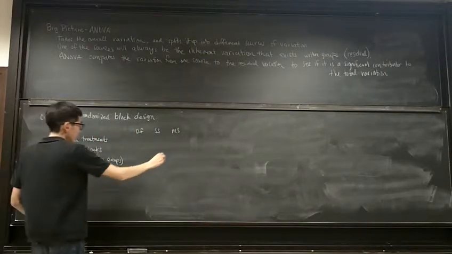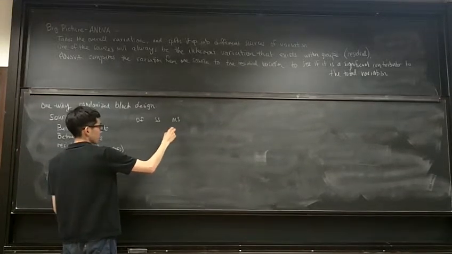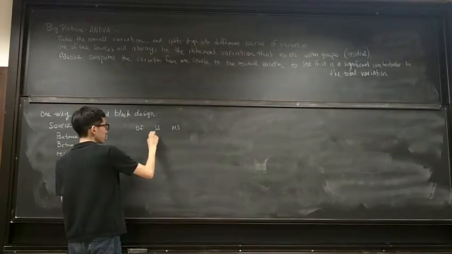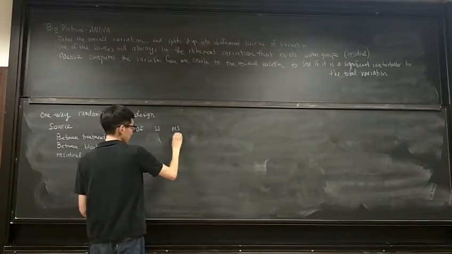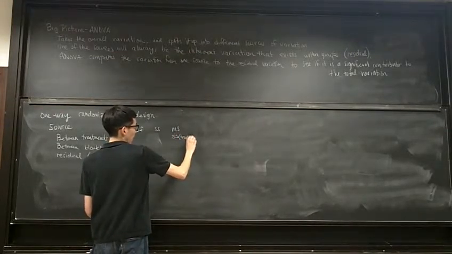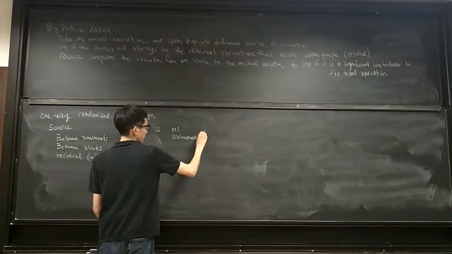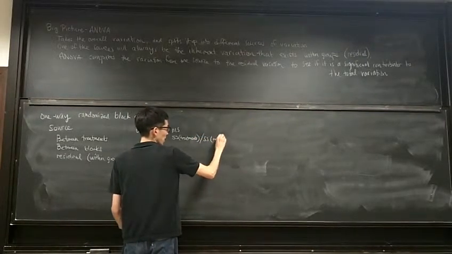So the mean squares is going to be, I'll just write, this is the sum of squares for the treatments divided by the sum of squares of the residuals.